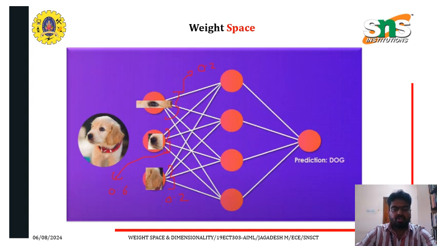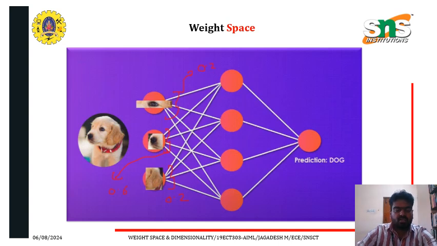Each separated image from the dog face is given some value. For example, the eye value is given as 0.2, the nose value is given as 0.6, and the ear value is given as 0.2. Why are we giving 0.6 for the nose?